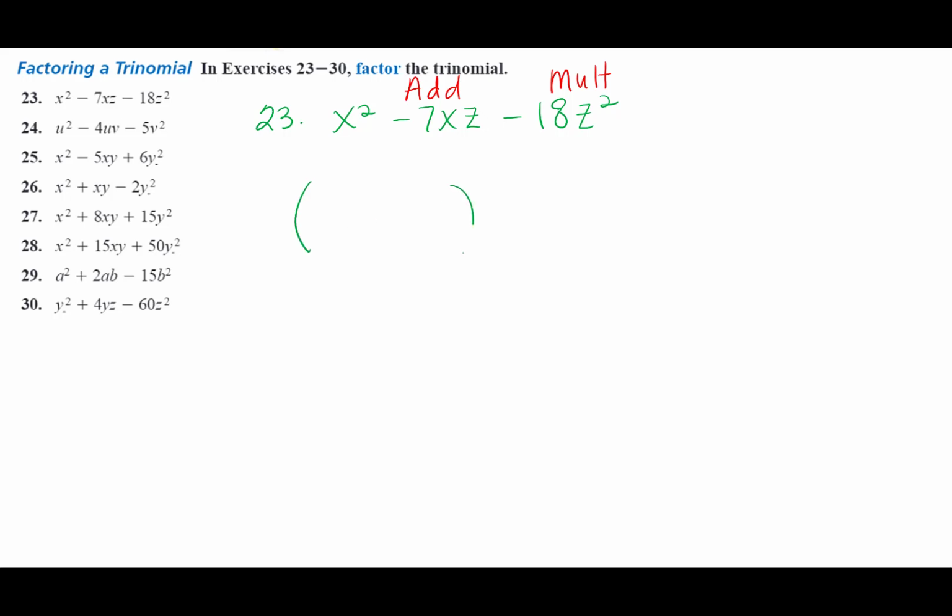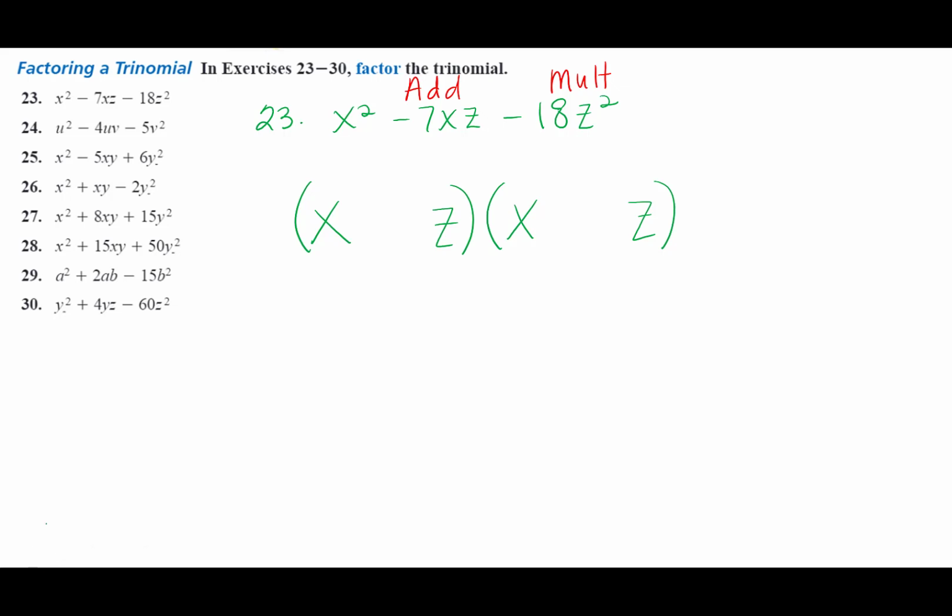So go ahead and draw two parentheses. In the first spot of both parentheses will be our x terms. Next, the second term of each binomial is where we'll put the letter z, because when we multiply the last terms together, if you were to FOIL out your answer, that's where we come up with the z squared.